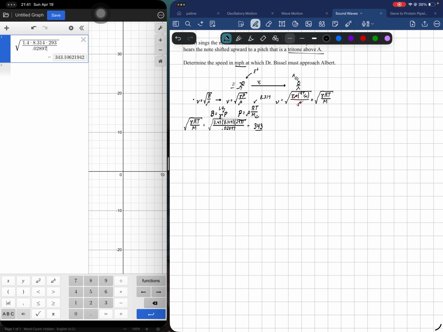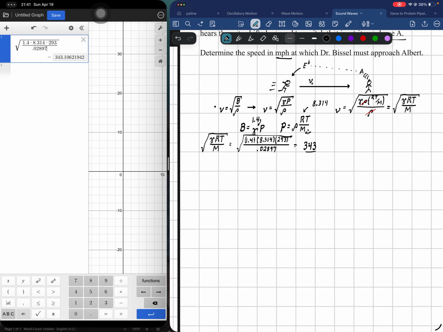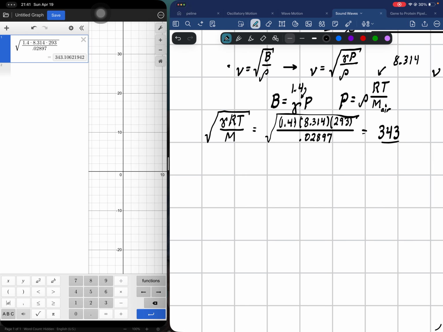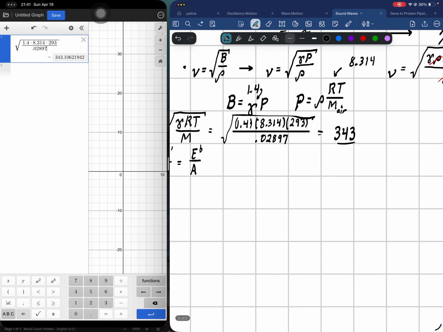What do we need next? Well, we need the relationship between E flat and A. We can tell that this relationship is a tritone, that was given. But what can we use out of that? We'll take F prime as the frequency that Bissell is hearing and the frequency that Albert is actually singing as F. To denote this more easily, we can just do E flat over A. This isn't a chord, it's just a relationship.